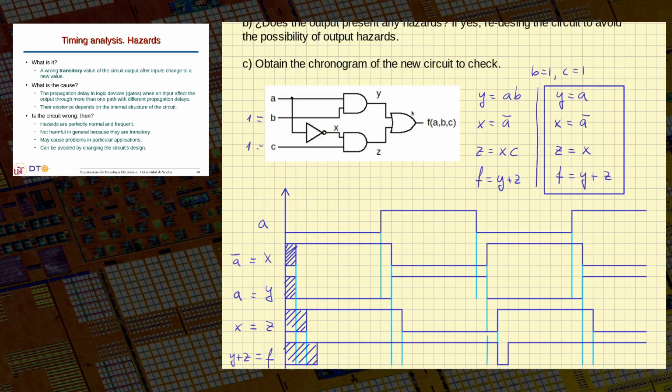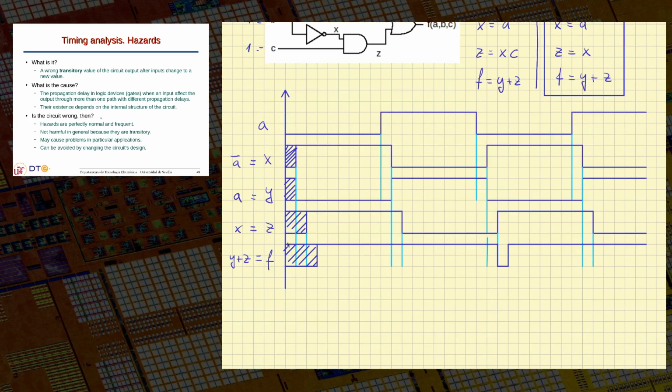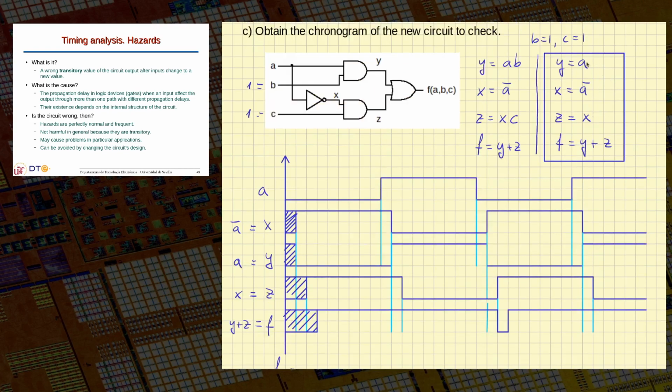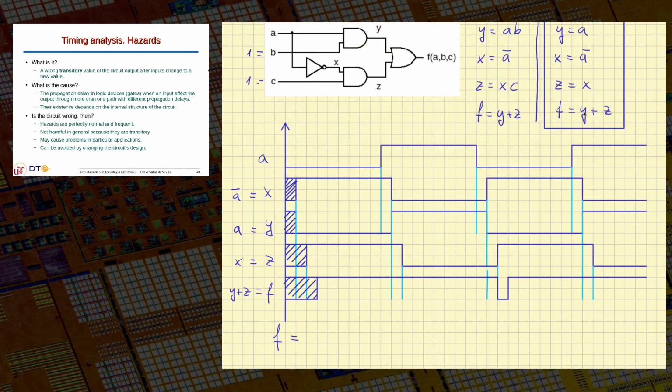So if we analyze F, doing the functional analysis, we find that F is equal to Y plus Z, okay? In these conditions, when B and C are equal to 1. So I make the substitutions.